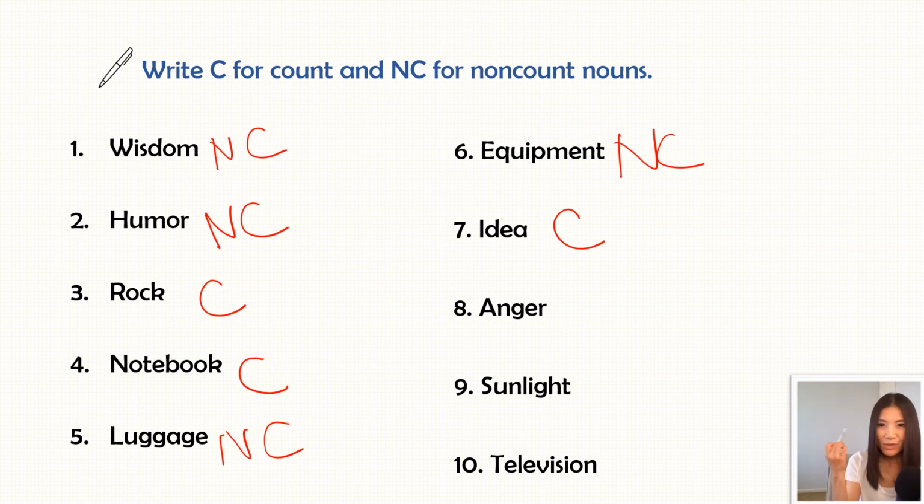Because idea is also abstract, but it is considered a count noun. Number 8, anger is a non-count noun. Just like happiness, all emotions are non-count. Number 9, sunlight, definitely cannot count it, so it's non-count. And number 10, television is a count noun.